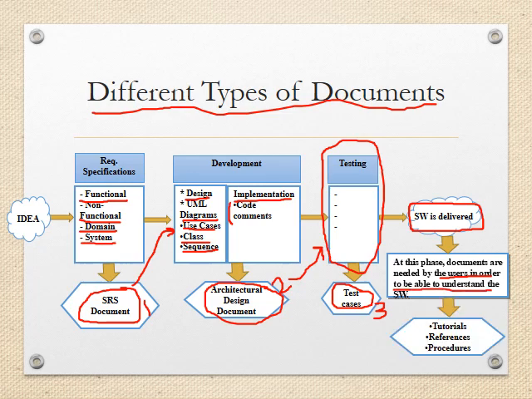This type of document can be tutorials, references, procedures, or manuals that will be created to make the software easy to use and useful for the main user or the target user.